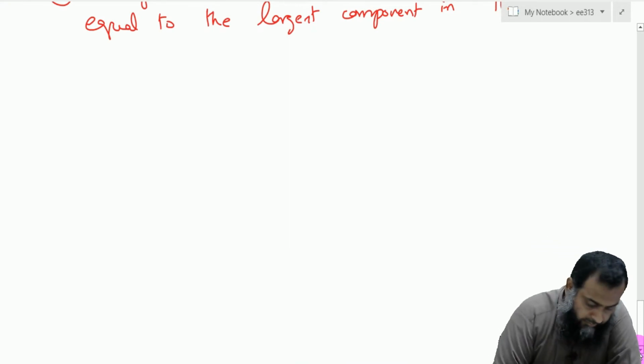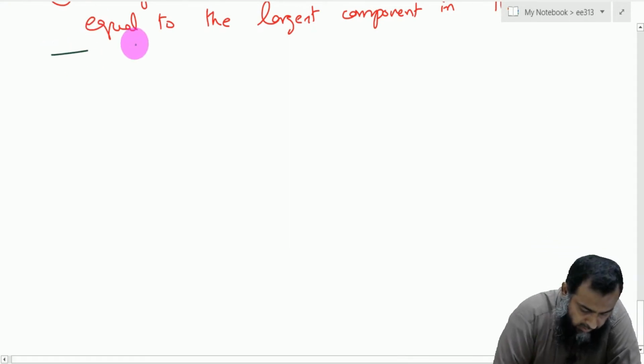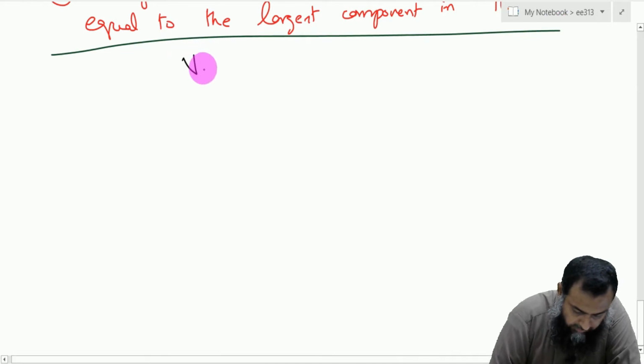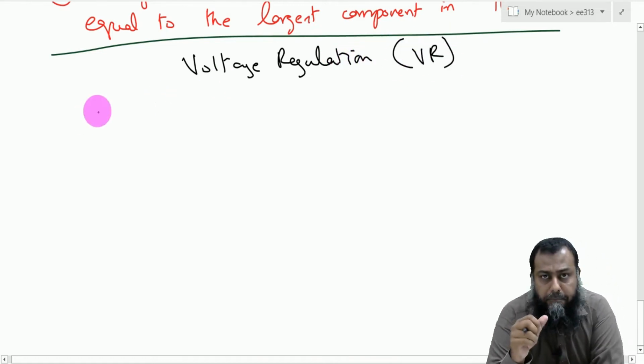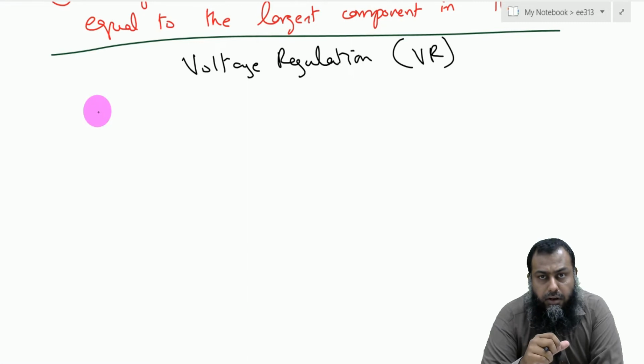So let us first of all see what is the voltage regulation of a transformer. Voltage regulation of a transformer is actually a measure of how much the secondary side voltage of a given transformer varies when we apply full load to the transformer.